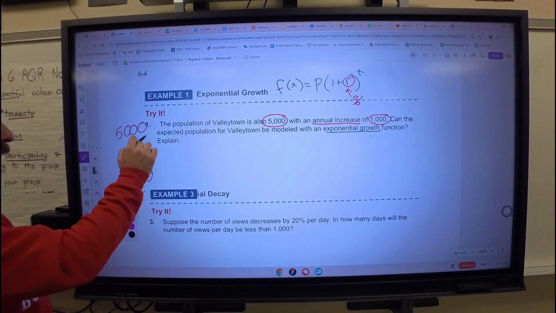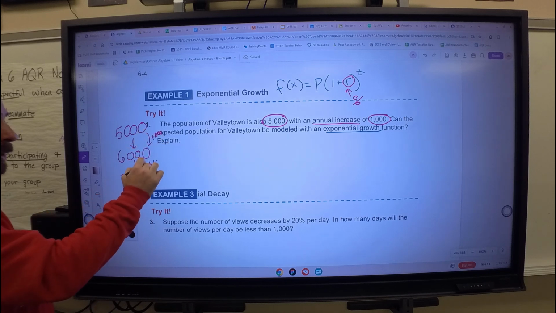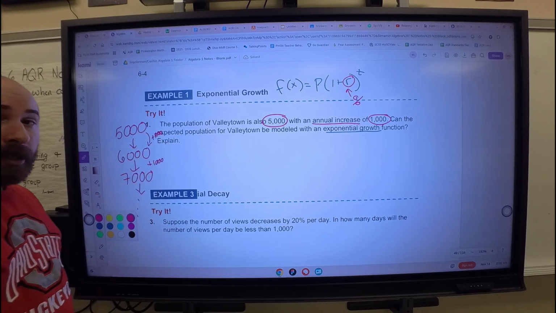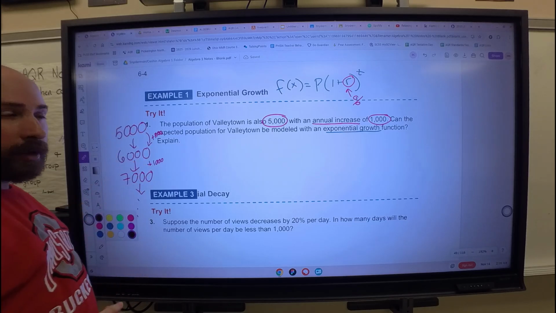What we do have is we're adding 1,000 every single time. So it ends up being linear because we have the same difference every single time.